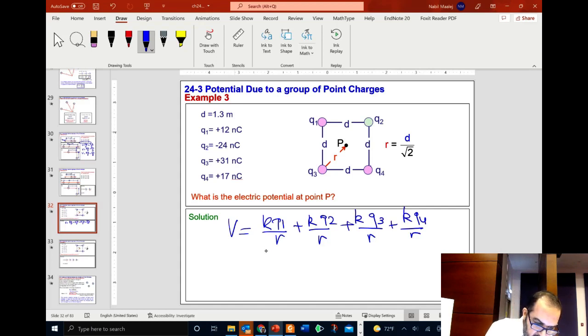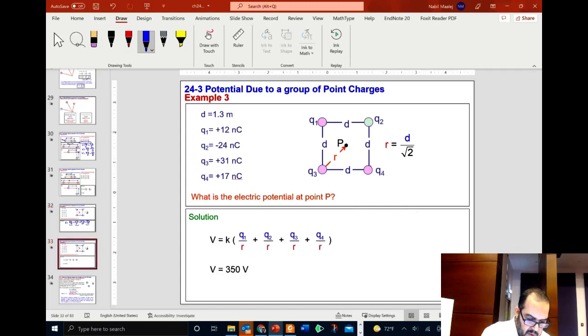This term is positive, this term is negative, this term is positive, and this term is positive, and R is just equal to D over square root of 2. When you evaluate, you find that this is 350 volts. Very simple. It's just scalar addition, but do not forget the signs.